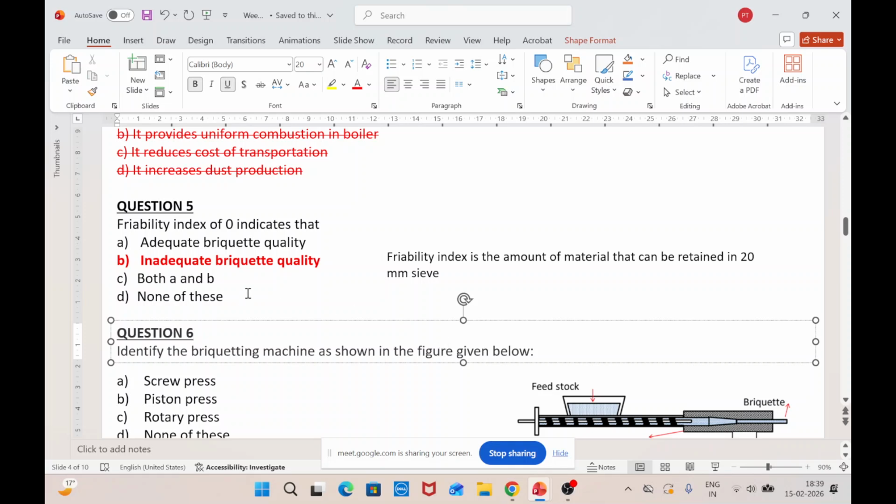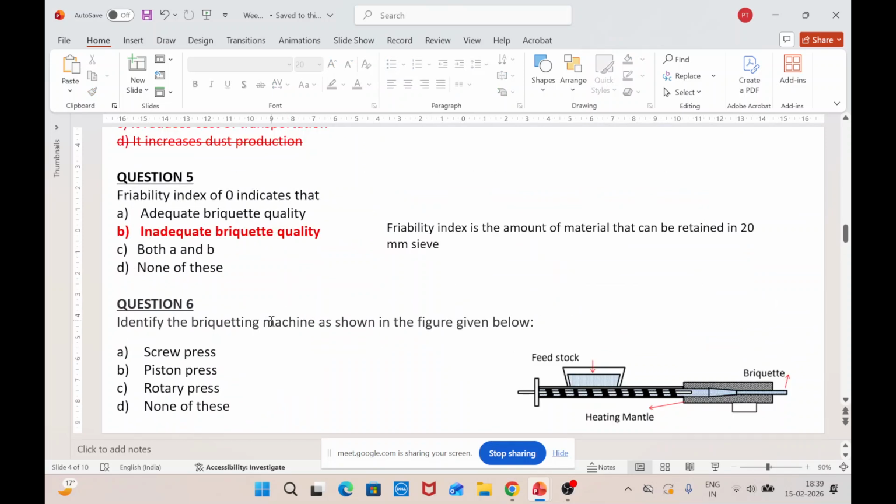Okay, if there are no questions, then let's move on to the next question. Identify the briquetting machine as shown in the figure given below.